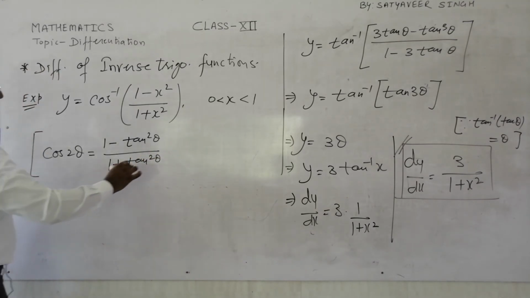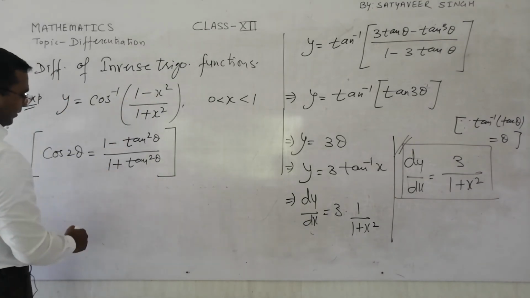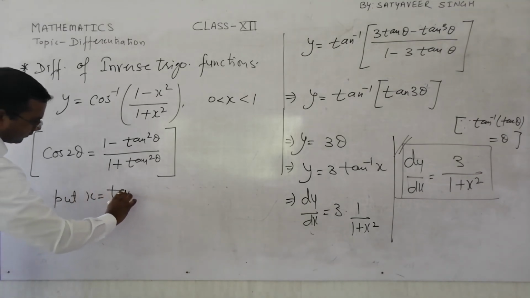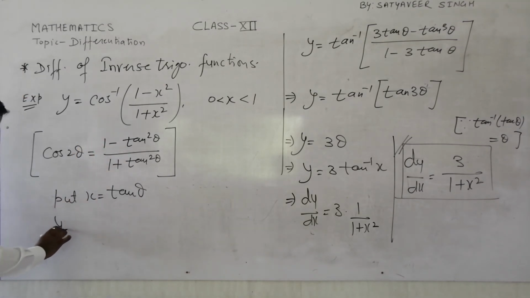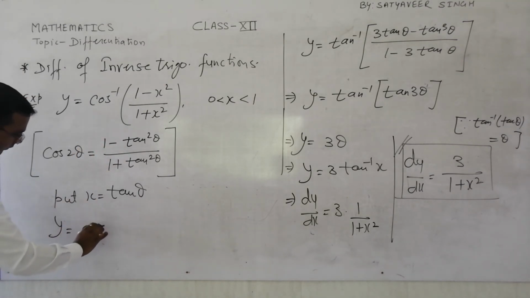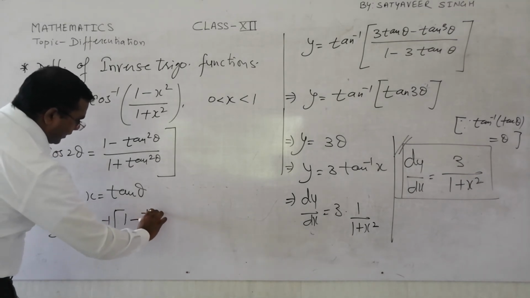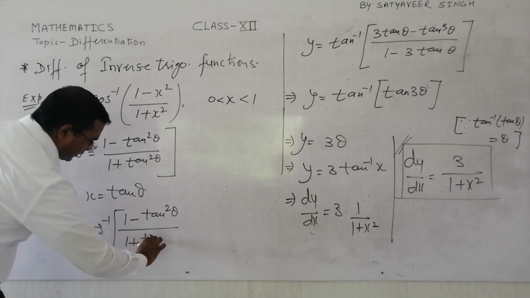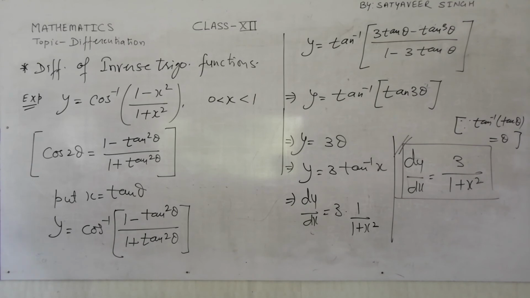So there is one formula in trigonometry that you can correlate with this, and simply you will have to replace. Put x is equal to tan theta. Then y is equal to cos inverse of (1 minus tan square theta) upon (1 plus tan square theta). I hope you understood this.